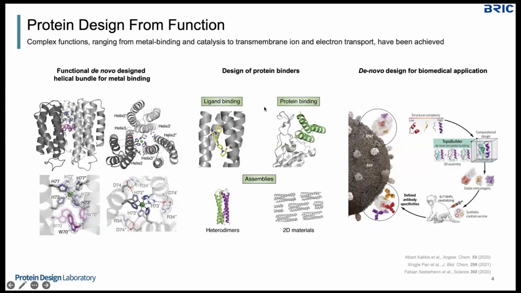Second, we can design protein binders, including ligand binding, protein-protein binding, or protein self-assembly. And the last one, which is what we do protein design for, is biomedical application. The recent one is COVID, as you all know. So these are the three main functions that protein design can go from.